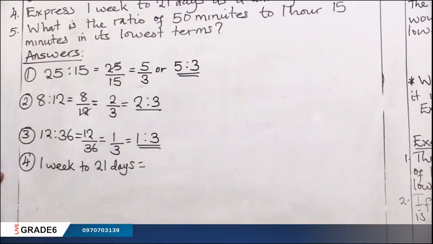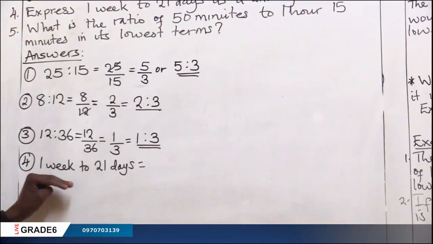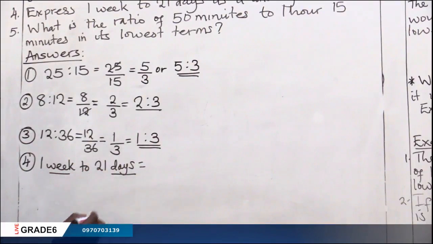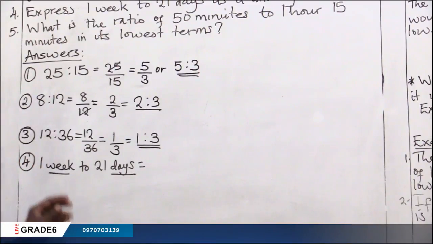Boys and girls, if you have been following, yesterday I said that to reduce numbers to their lowest terms, you must make sure that the units are the same. We know that in 1 week there are 7 days.